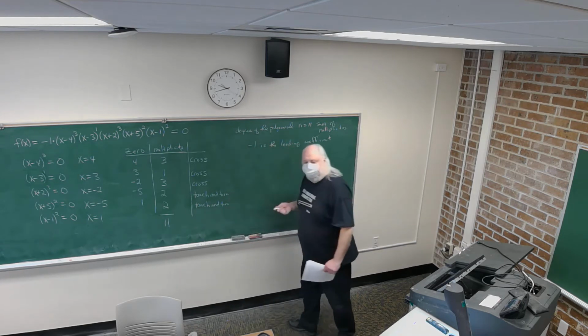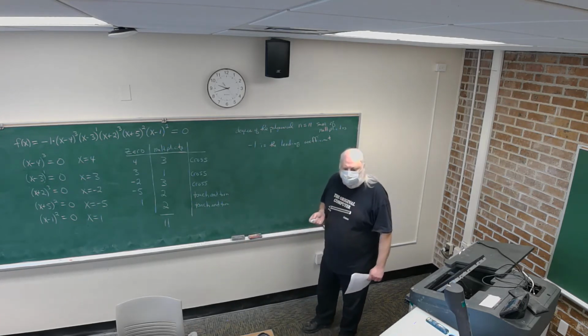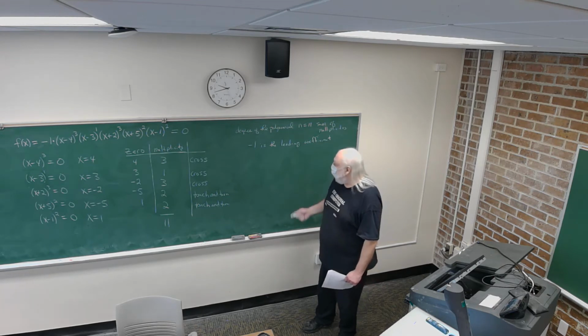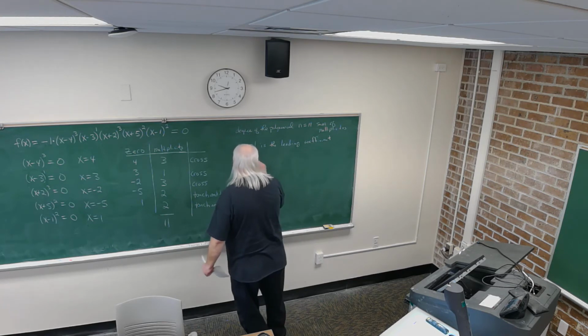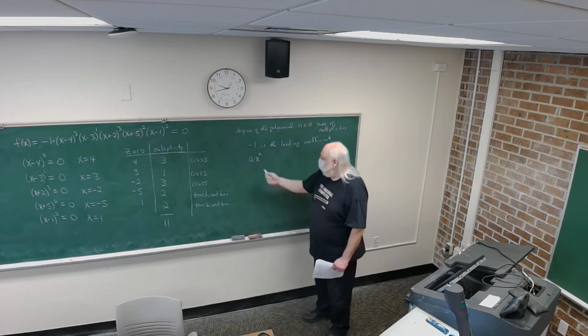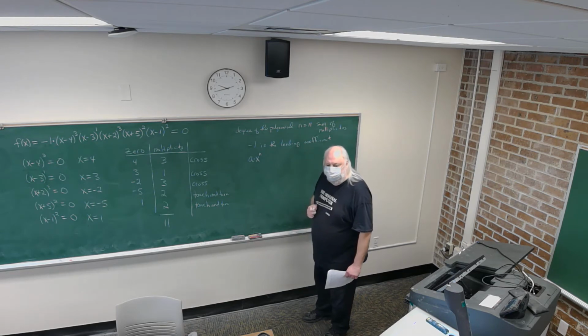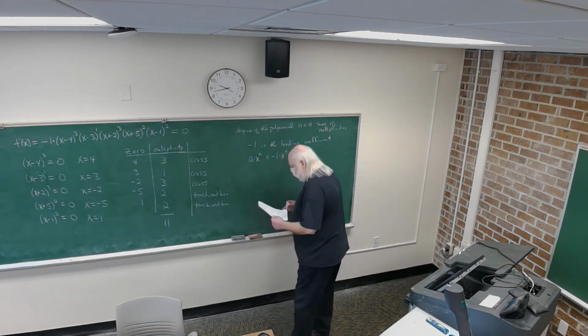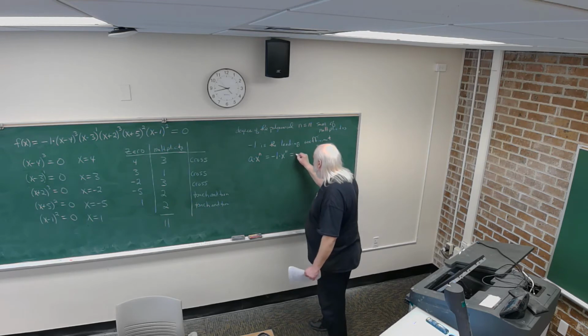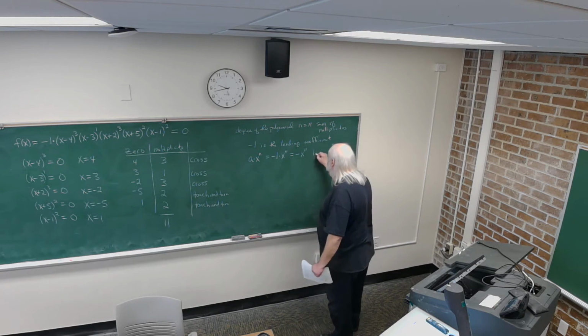And so now we know the leading term of this polynomial function, because the leading term has the form a times x to the n. A is the leading coefficient, n is the degree of the polynomial. So in this case, it's minus 1 times x to the 11th power, which we might just write as the negative of x to the 11th. That's the leading term.